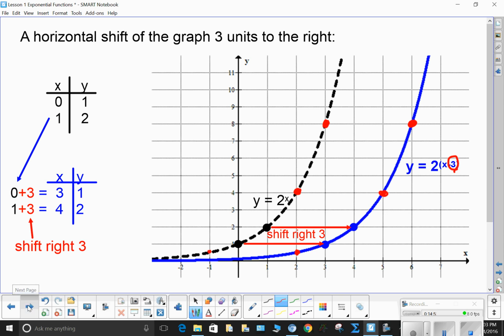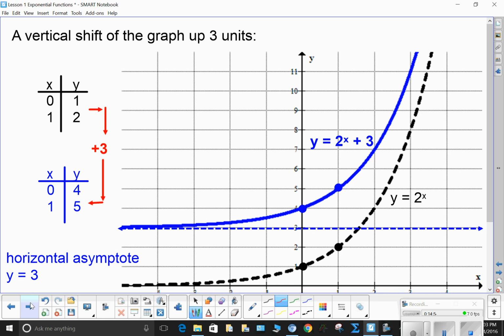Horizontal shift right. Vertical shift is when you add after you've done the exponentiation. So 2 to the x plus 3, where the plus 3 is on the same level with the base, right? I move it up 3. So here I was at 1, 1, 2, 3. If I come up here to 4, 1, 2, 3. Up here at 8, 1, 2, 3.